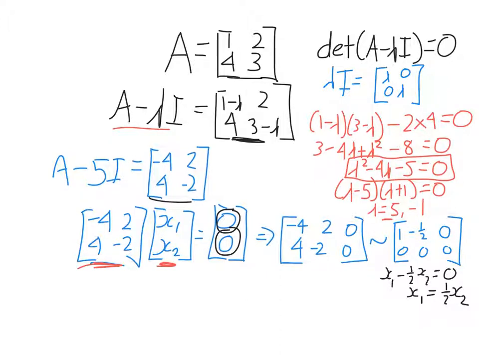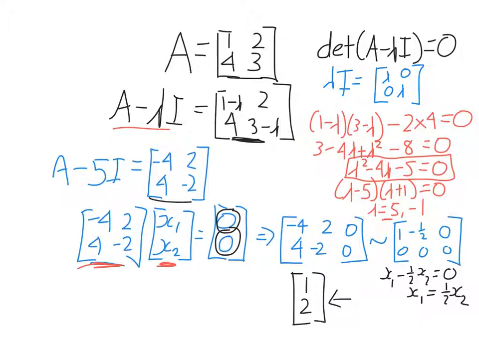So if we take, for example, x1 equals 1, then x2 would be 2. This here is an eigenvector of the original matrix, and any scalar multiple of it will also be an eigenvector. So that is the eigenvector corresponding to the eigenvalue lambda equals 5.